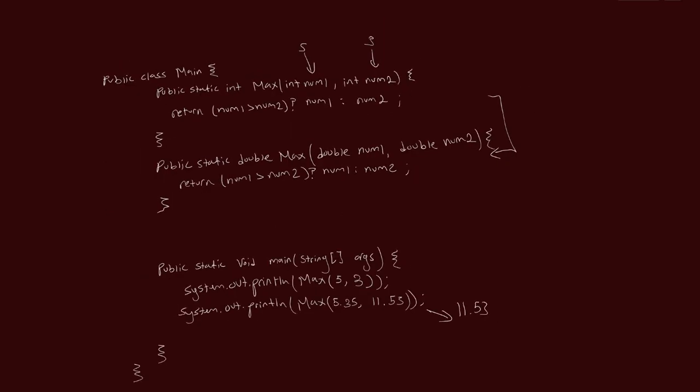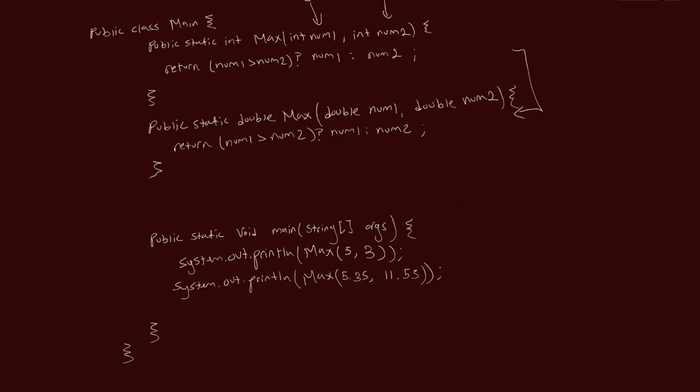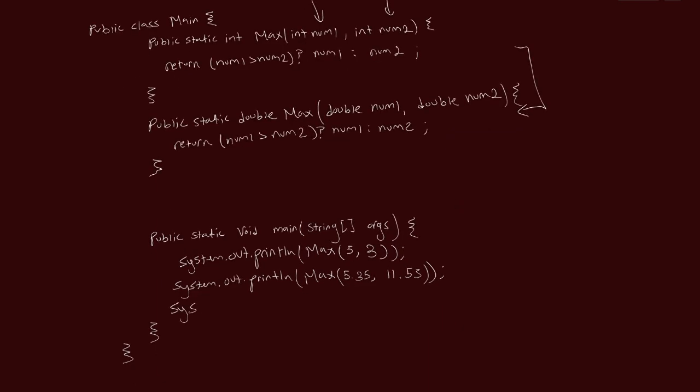Okay, and then we can also add more parameters. So if we do System.out.println and we do max of 17.23, 15.71, and 2.35, that's three different parameters that we're passing in.